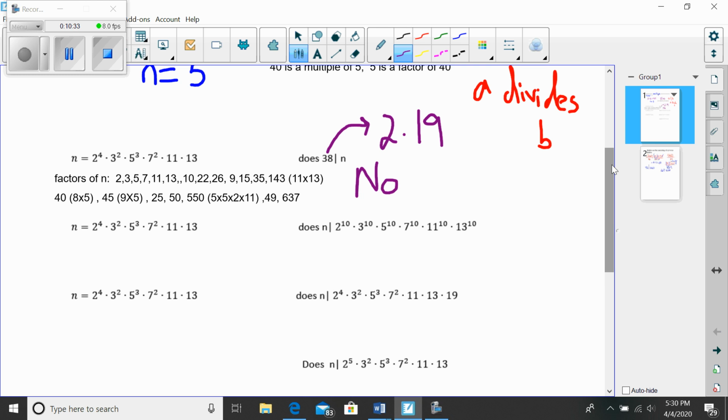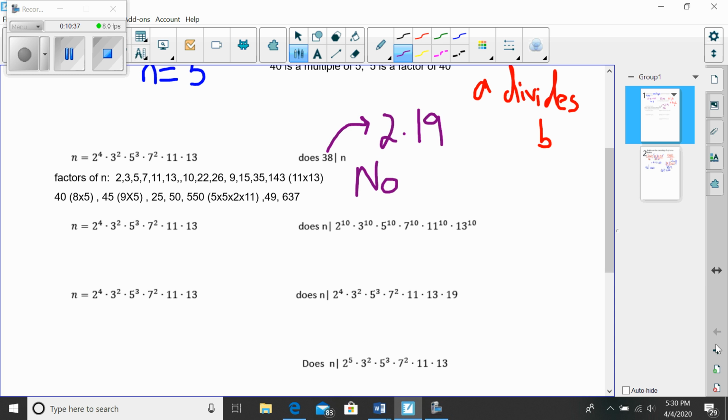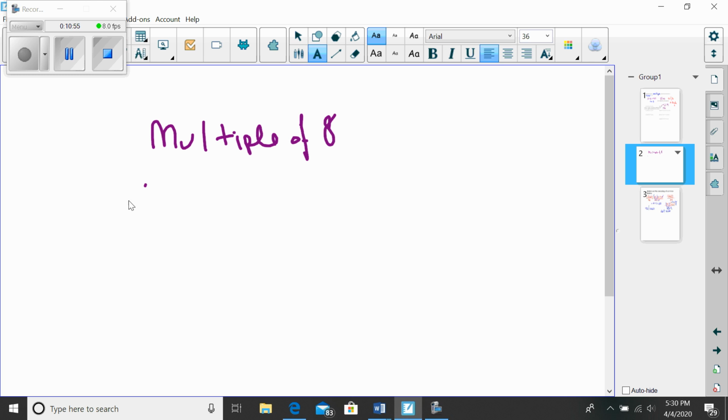So now let's start looking at multiples, right? What are multiples of n? And multiples of, say, 8, right? They're any number that 8 can divide, all right? And so I can just count by 8s, right? So multiples of 8, and how about I switch to a text box because that's so much easier.